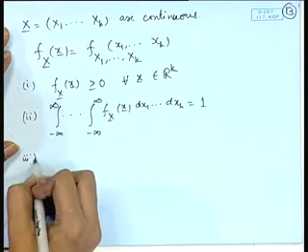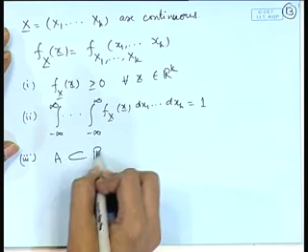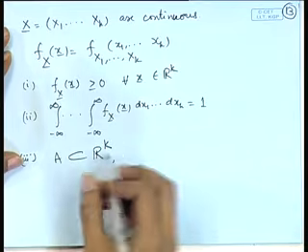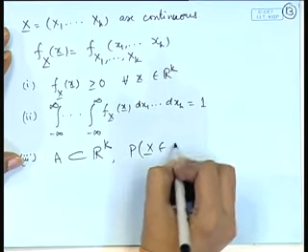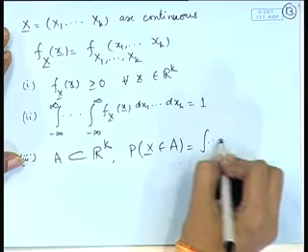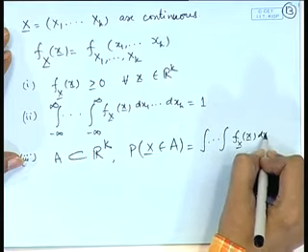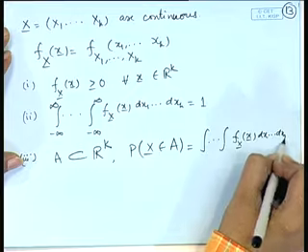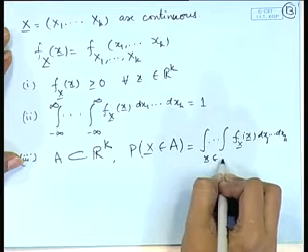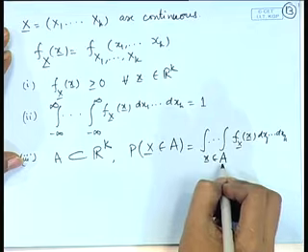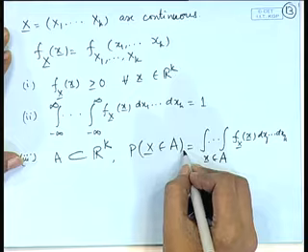And if I take A to be any subset of the k-dimensional Euclidean space, then the probability of x belonging to A is the integral where the integrand is integrated over the range A.